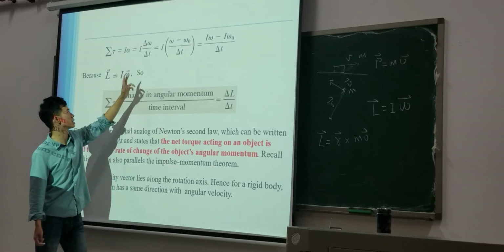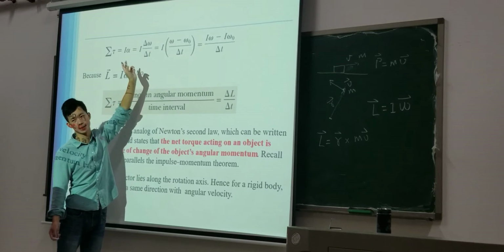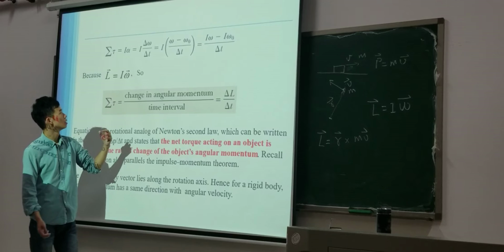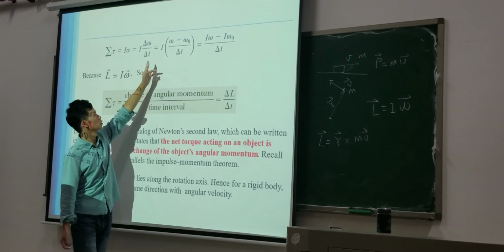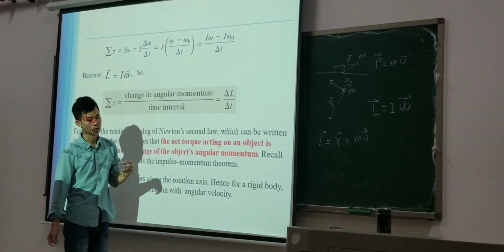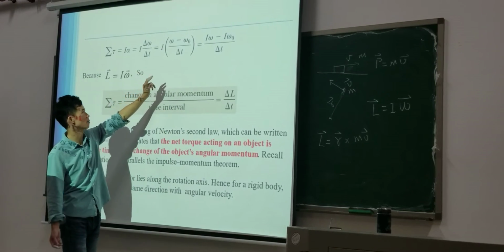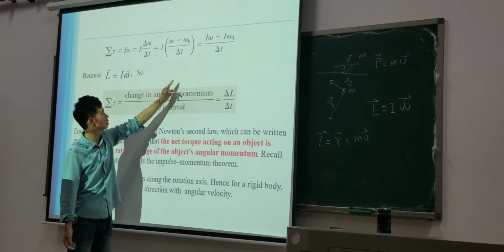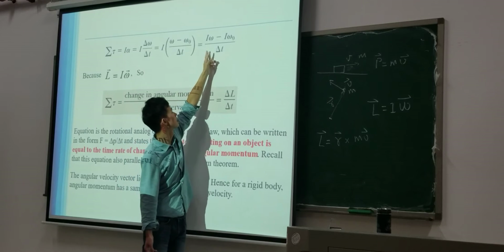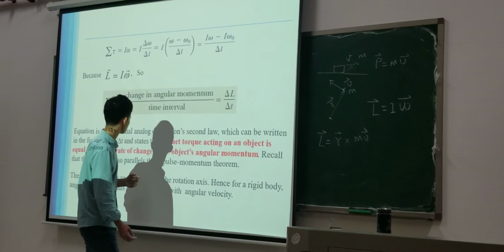The angular acceleration alpha is defined as the change of the angular speed over the time interval delta t. The change of omega is omega minus 0, the final one minus the initial one. So it is equal to I omega minus I omega 0 over delta t.